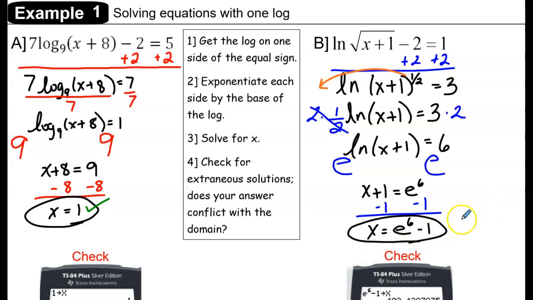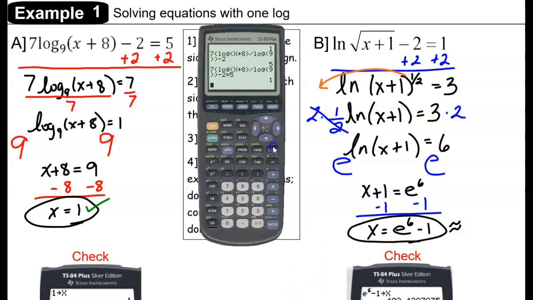If I am asked for a decimal approximation, recall we round those to 4 decimal places. So e raised to the 6th power minus 1 is 402.4288 if I'm rounding to 4 decimal places.